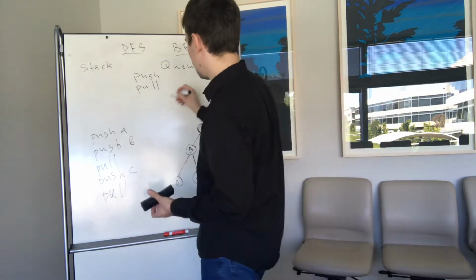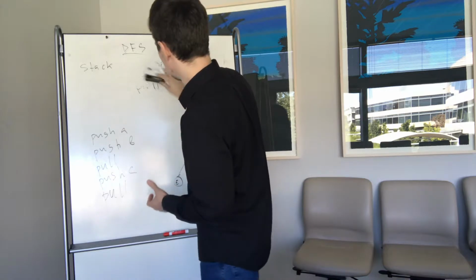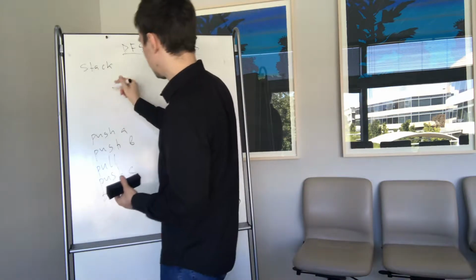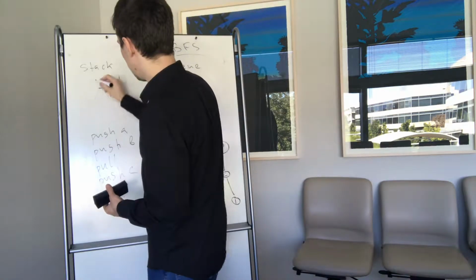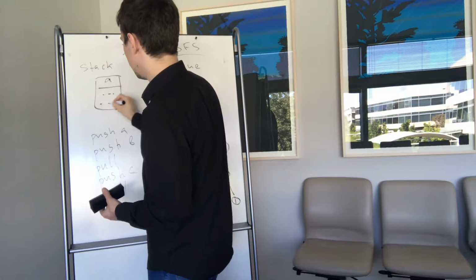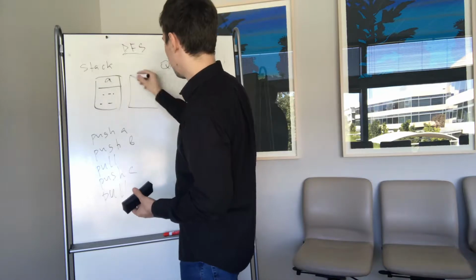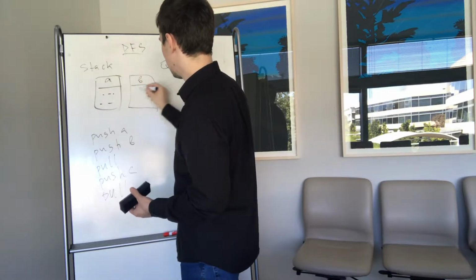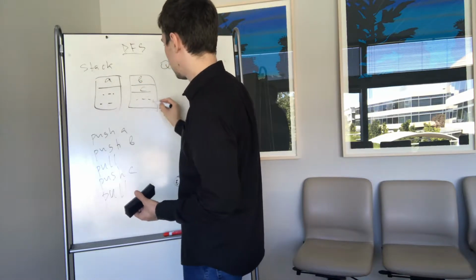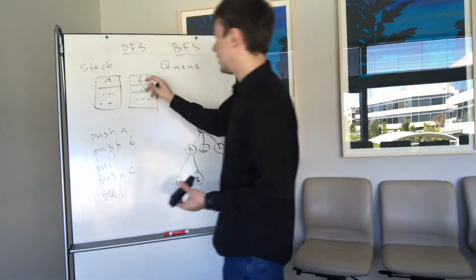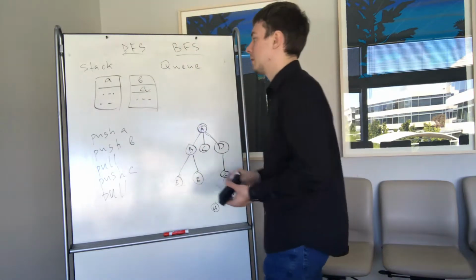After the first operation, the stack will look like this: A at the top of the stack and the rest of the elements. After we pushed B, it will look like this. B is at the top of the stack and A is the second.